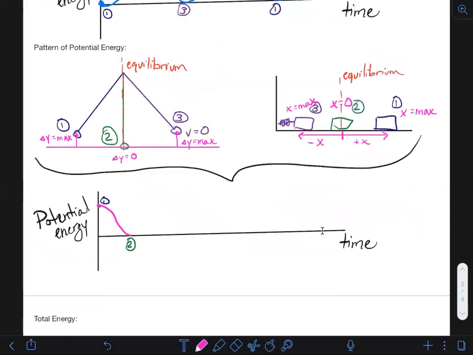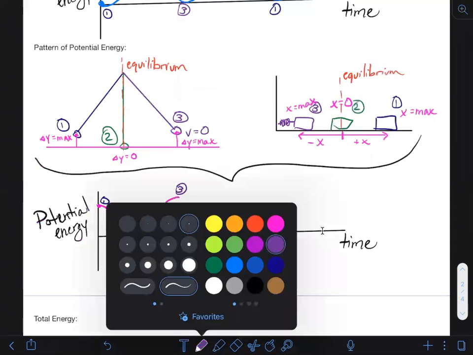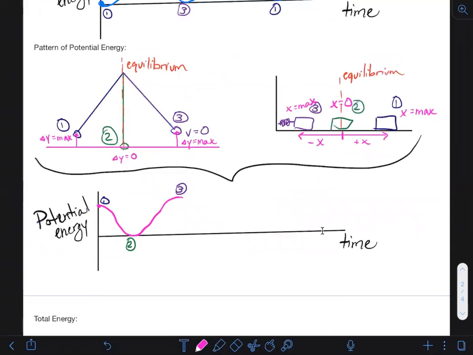And then as we go to the other side of our equilibrium position, we increase our potential energy back to its maximum. So by the time we get to position 3, that's been maximized again. And then we turn around, come back to position 2, go through the equilibrium position, and return again to our starting point of position 1.